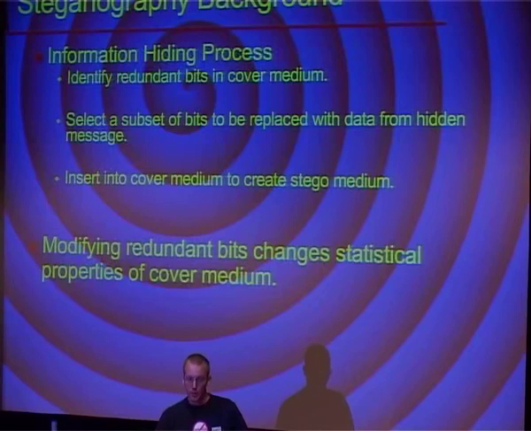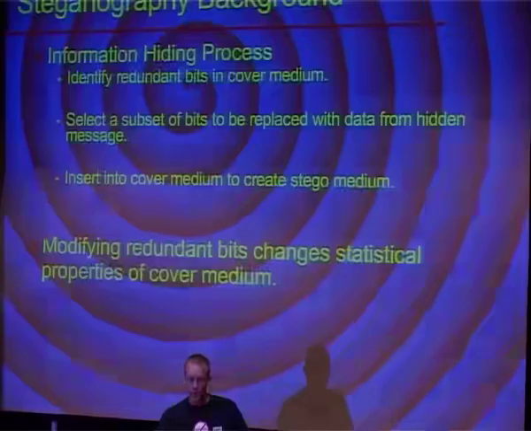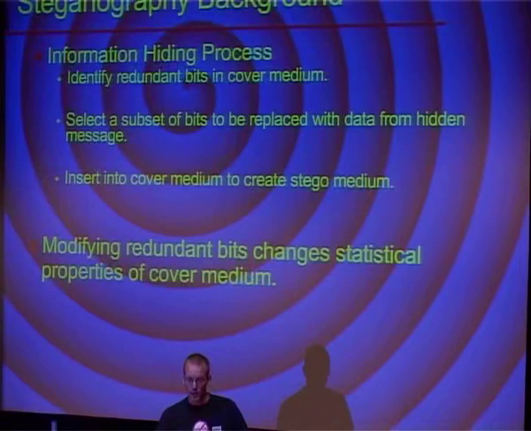The same is true for image files. You can twiddle with least significant bits there, and an eye will not be able to tell the difference. However, the most significant bits, if you modify them, will show immediately in the image, and those would not be redundant. So the redundant bits are all those that you can modify without degrading.